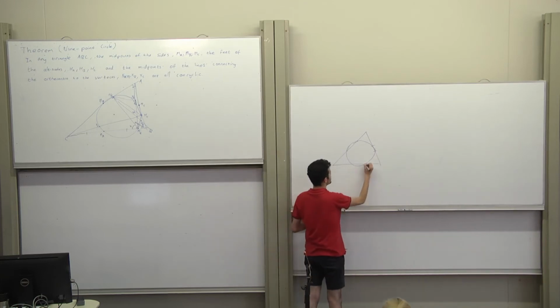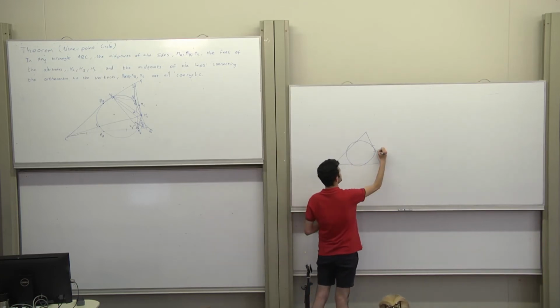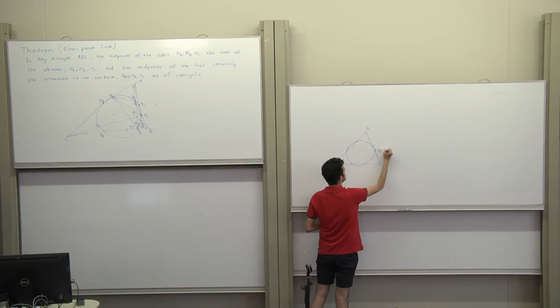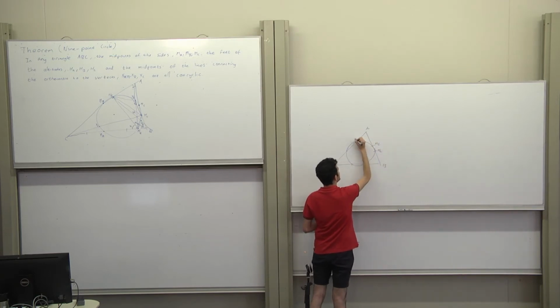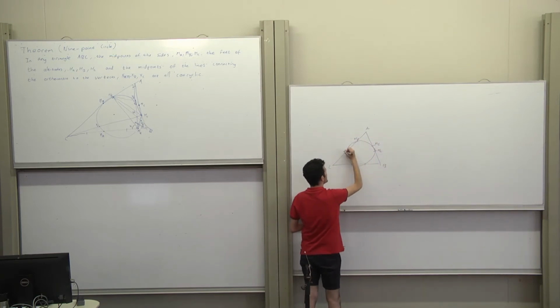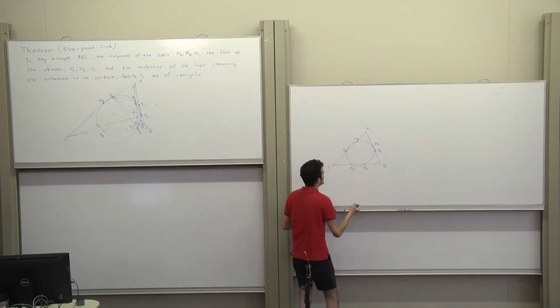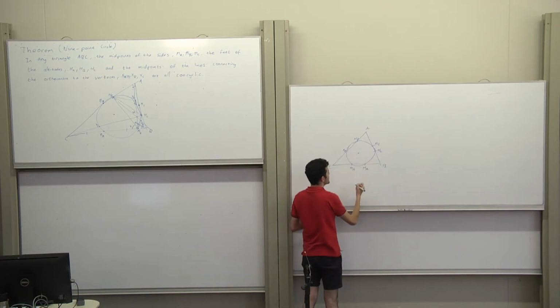Okay, so we have a 9-point circle, and I'm going to say that's HC, HB, MB, MA, HA. And so this is a circle, so it has a center.